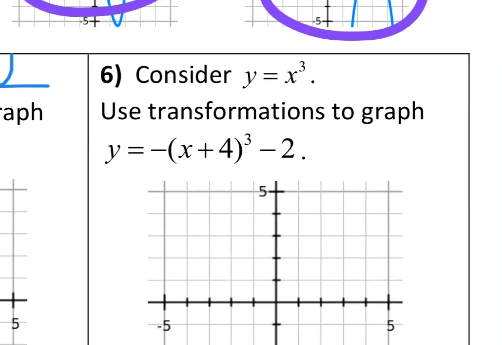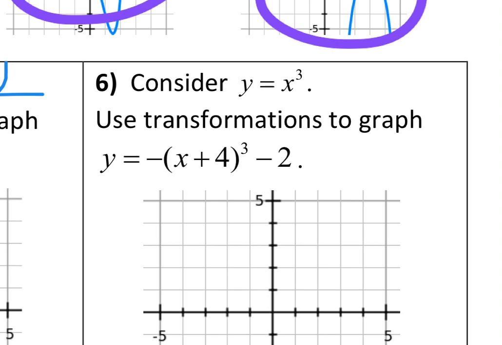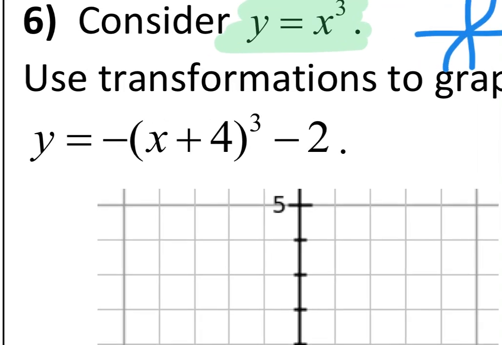And then number 6, the parent graph of y equals x to the 3rd power looks something like this. And so in this problem, we are going to move this to the left 4. Oh, look, I forgot something. Right here, that means that it's going to be flipped.